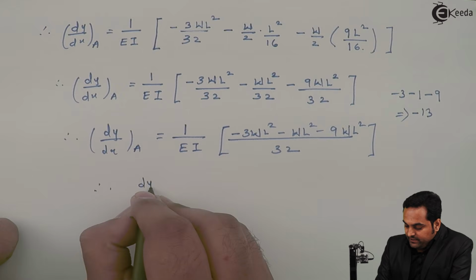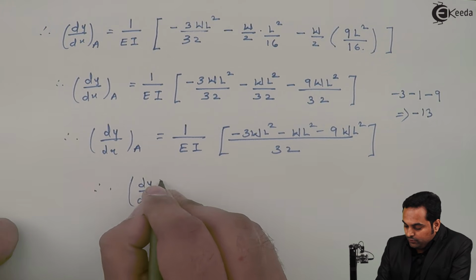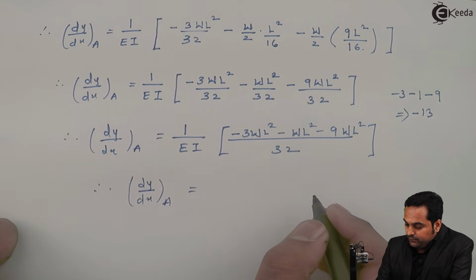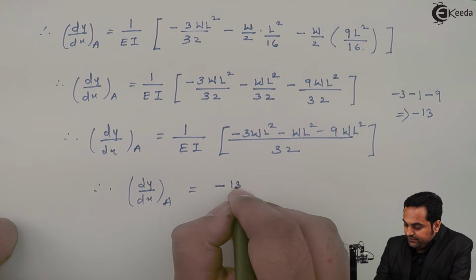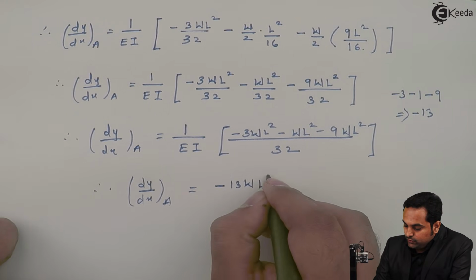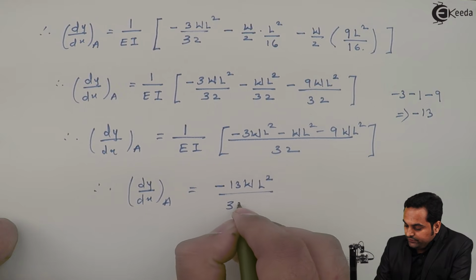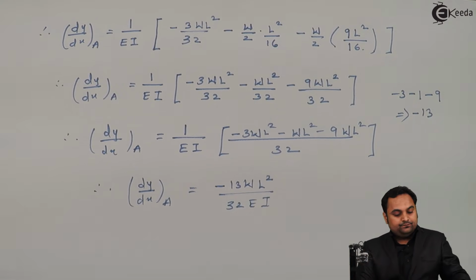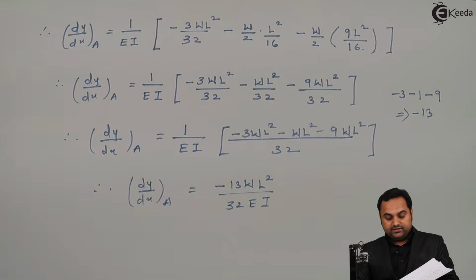So therefore dy by dx, that is the maximum slope at A, is equal to minus 13 WL square upon 32 EI. That is the answer which I am getting.